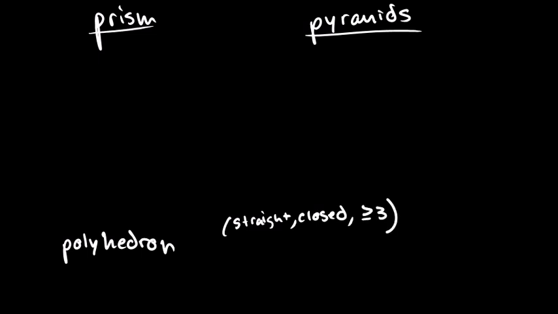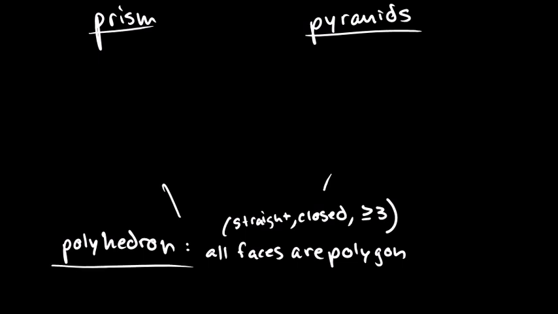If I have a polyhedron, all faces are polygons. So I need to know what a polygon is in order to know what a polyhedron is. The 2 divisions of polyhedron are prism and pyramid, as well as shapes that don't go into either of those categories. We would just call those polyhedrons.